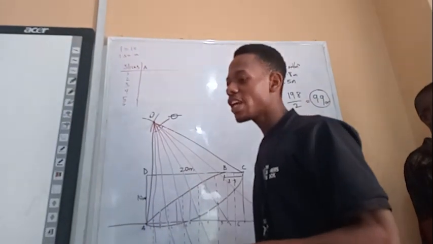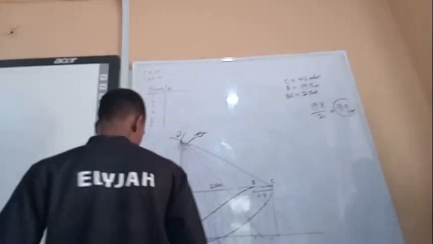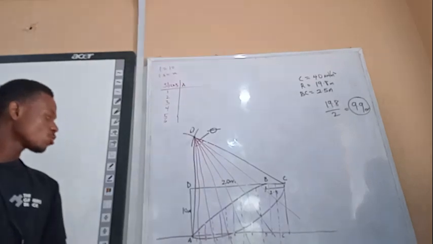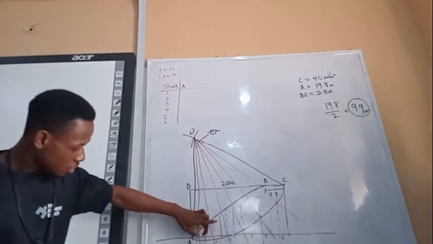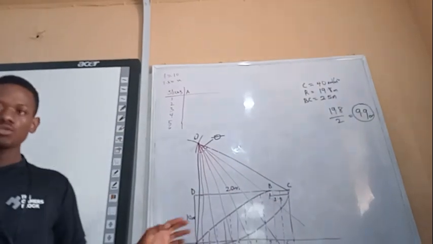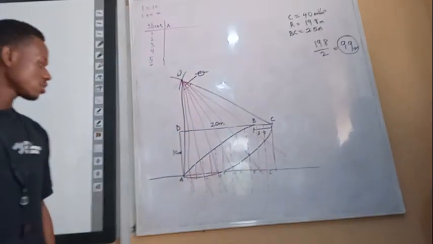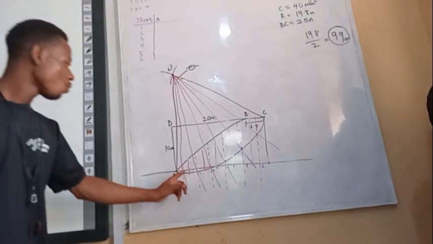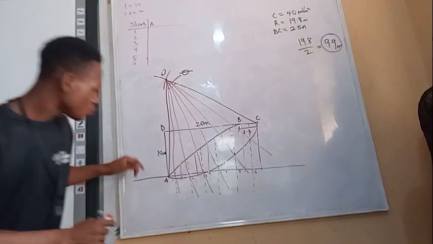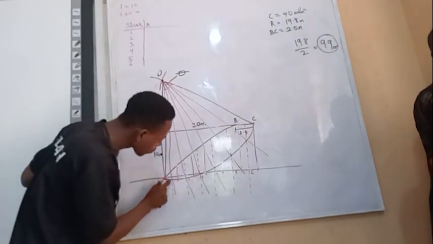So for the area now, all we want to do is to find the area of each of the slices. So we have slice 1, slice 2, 3, 4, 5, and 6. For the first one, you pick your ruler, you measure the distance from here to here.